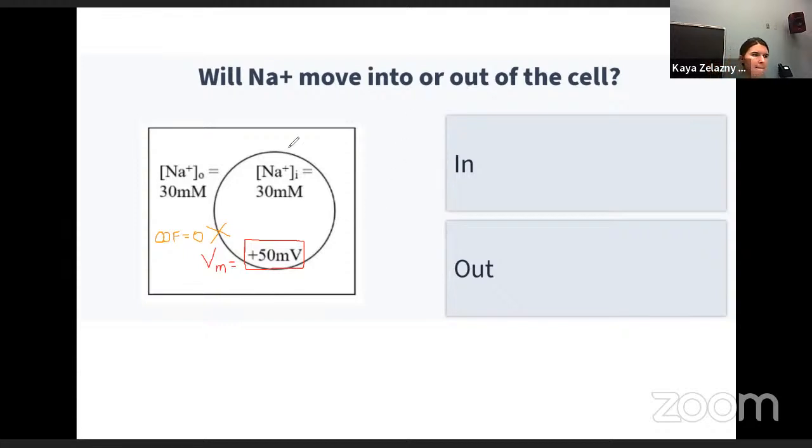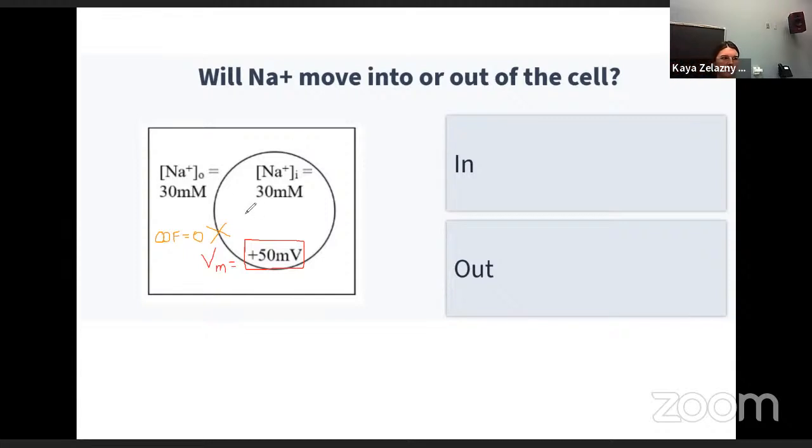Okay. So which direction is that EDF going to point? Looking at these charges on the cell and on that ion, which direction is sodium going to want to move? Is it going to go towards the positive charge or away from the positive charge inside the cell?